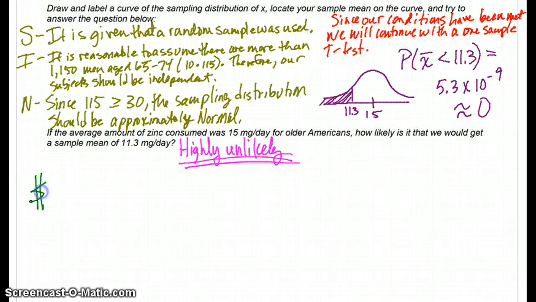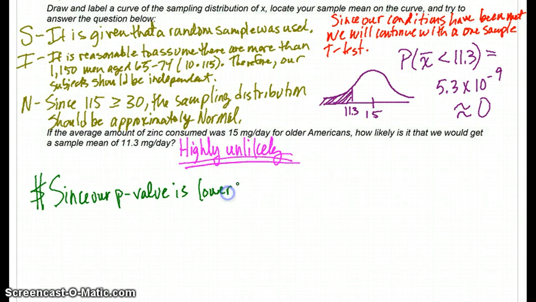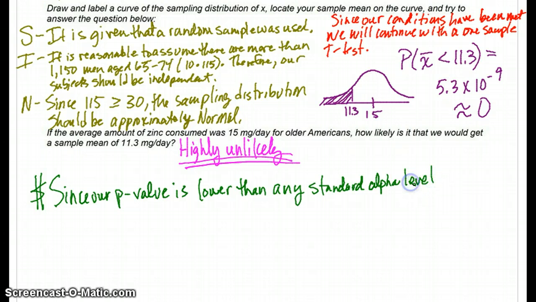And then for our money statement, we have our 3 parts. We're going to first state, since our p-value is lower than any standard alpha level, we reject H sub O. Now let me explain.